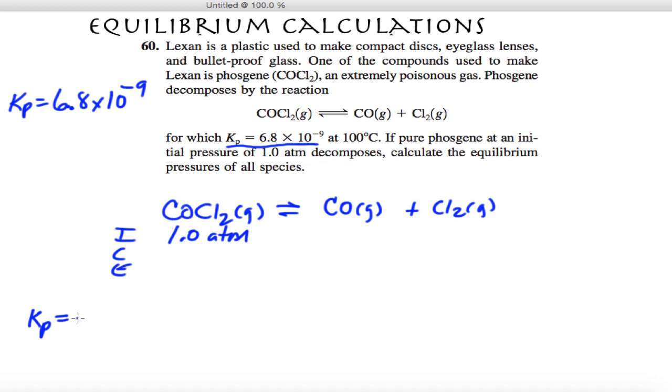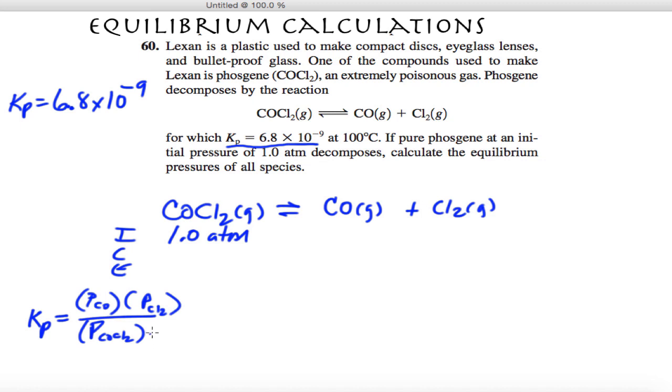Instead of writing concentrations, we write the partial pressure of carbon monoxide times the partial pressure of the chlorine over the partial pressure of the phosgene gas. Everything's a 1-to-1 ratio, so I don't have to worry about any coefficients, but if there was a 2 here, I'd put a 2 down here, just like for any other equilibrium system.